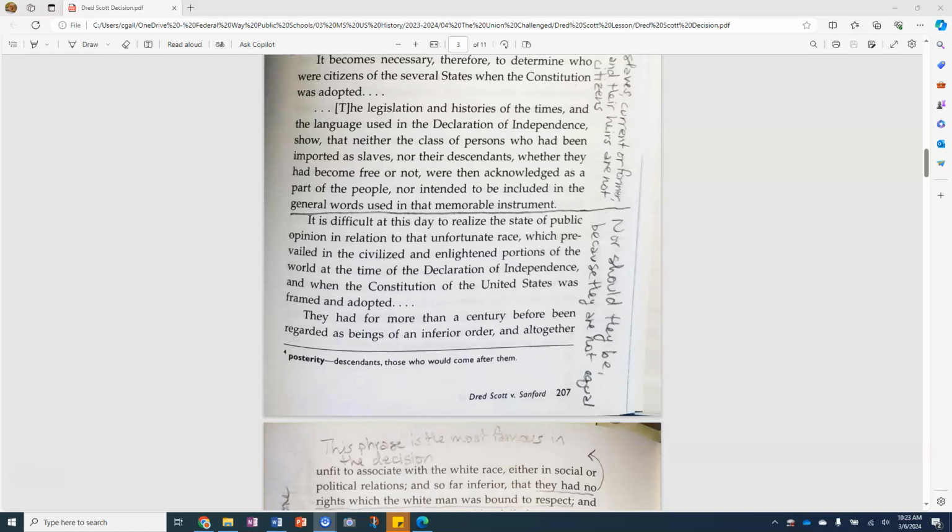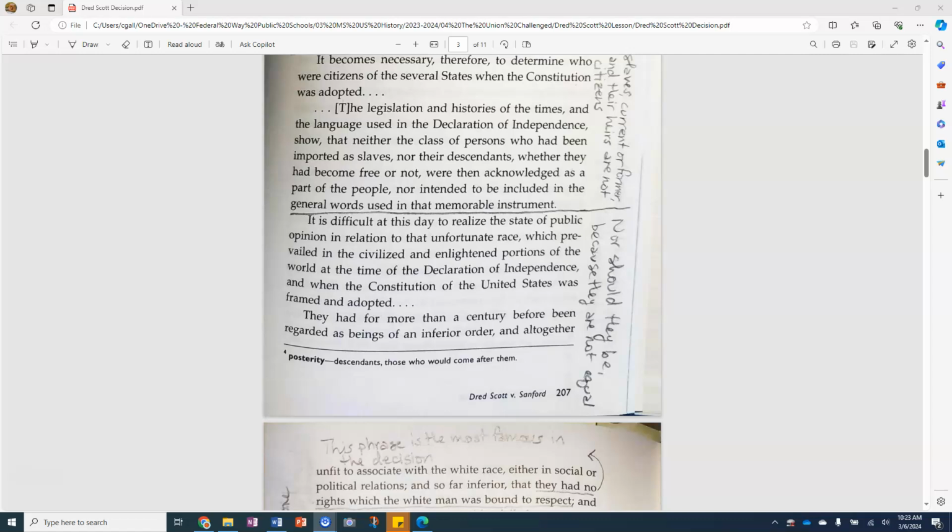Not really, right? Slaves were not considered to be men. They were not considered to be people at the time. Okay? And so this is really where he's making that declaration to say, look, black people are not citizens. They were not meant to be citizens at the time. We cannot later construe it to mean that they were citizens.